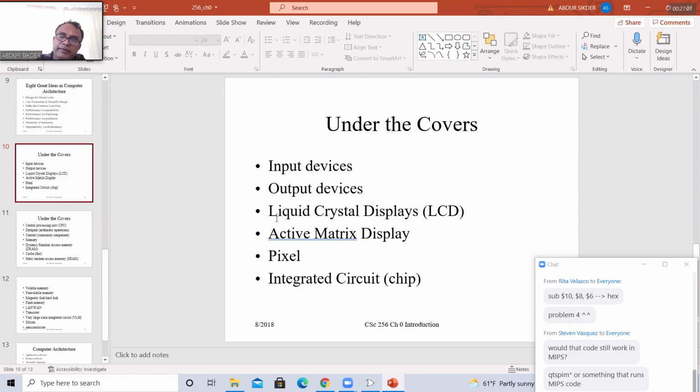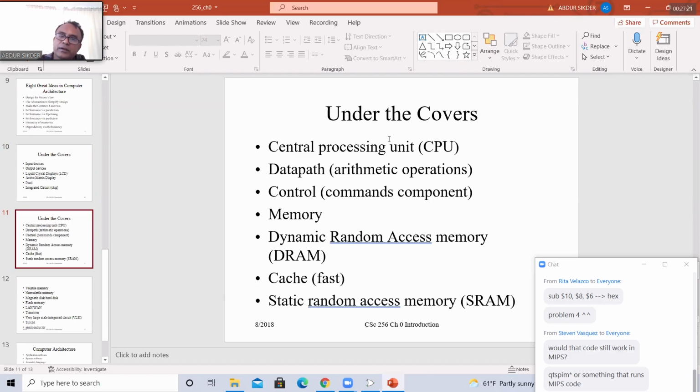Then under the devices, input device, output device, some examples should be familiar to you and okay to give any good examples for input device, output device, and integrated circuit, and central processing unit, data path, control. So you have definitions for all this. Memory, dynamic random access memory, we had in the quiz as well. Cache, what is cache?